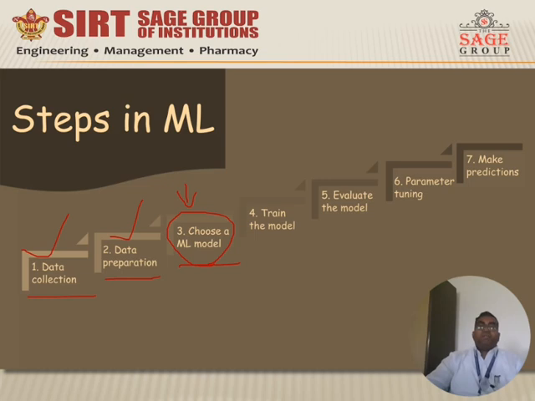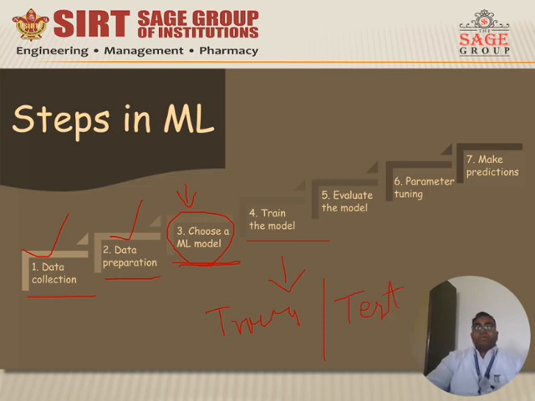After that, we choose the machine learning model for the specific application through which we can find the predictions. Using that data, we divide it into two parts called training data and testing data.